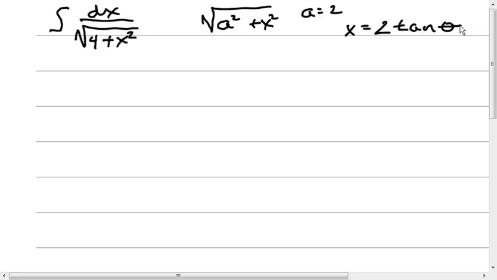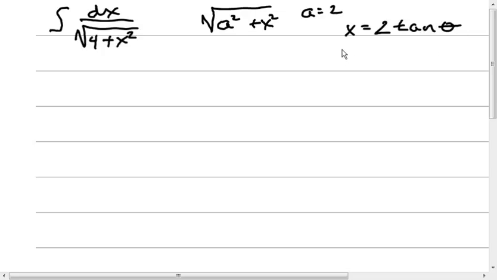We notice that this is of the form square root of a squared plus x squared, where a is equal to 2. Therefore, the substitution we're going to use is a tangent theta, and a is 2, so we get x is equal to 2 tangent theta.